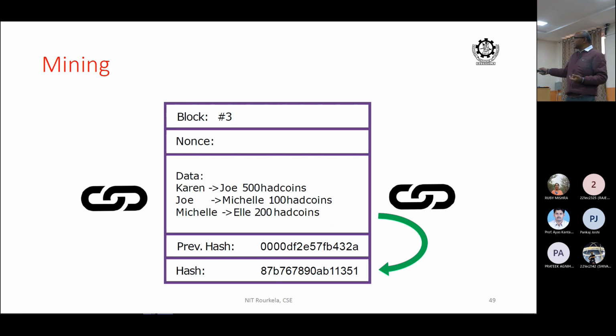So you keep changing and generating a random number. Then with that random number, together with the data and the previous hash, passed to the hash function, you generate something. You will definitely get something, but my criterion says that the most significant 16 bits should be 0. That is the problem of proof of work. We are doing enough computations where the result must have the most significant 16 bits as 0.